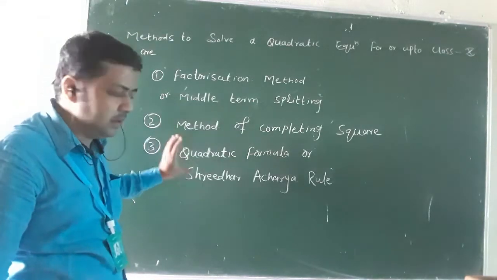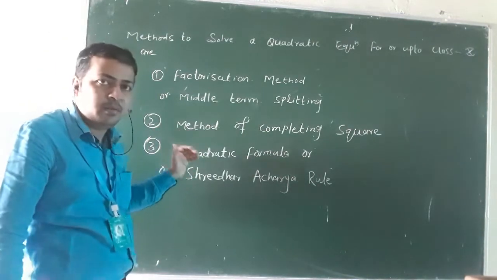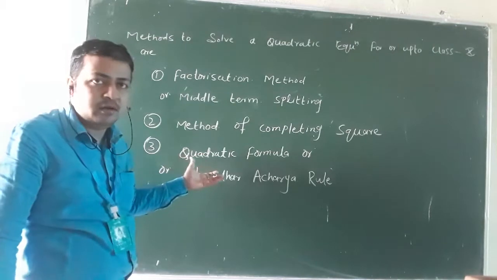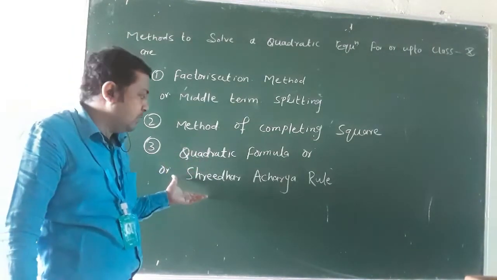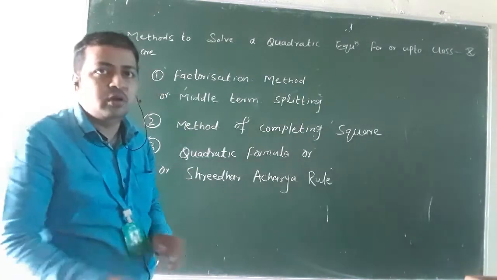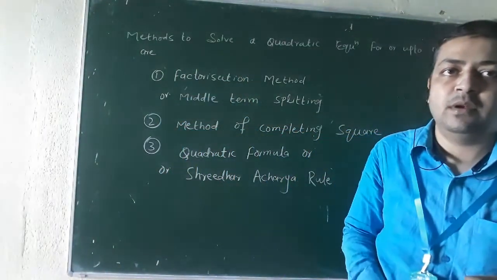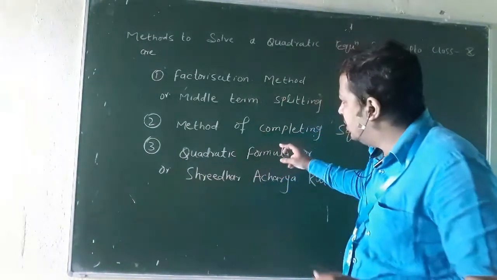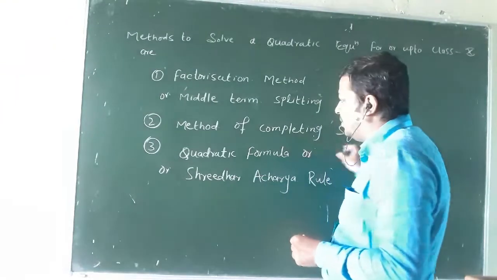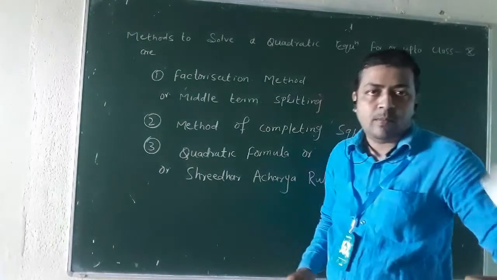In method of completing a square, there will be some alpha beta, and that alpha beta will be put here and it will become the Sridhar Acharya rule. So the Sridhar Acharya rule is totally based on the method of completing a square. Method of completing a square is the base model and the quadratic formula is the upgraded model.